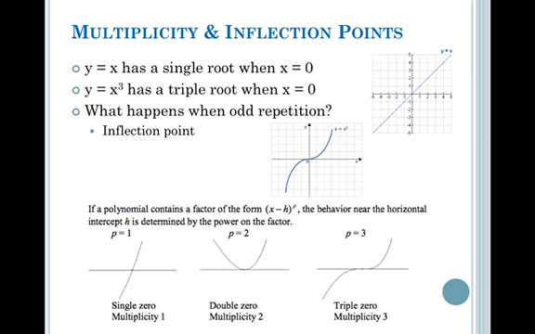If you have a multiplicity of 2, or a double root, or actually any even multiplicity, so multiplicity of 4, multiplicity of 6, your graph will touch the 0 but then bounce back to the direction it came from. And if you have any odd repetition of a root, so a triple 0, a 0 that appears 5 times, your graph will cross through just like with a multiplicity of 1, but the shape changes and you get an inflection point.